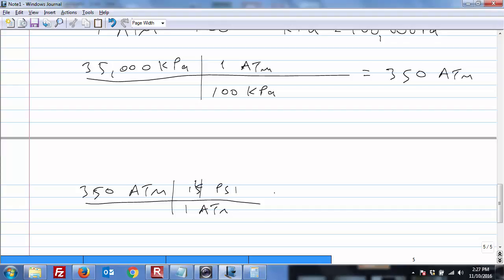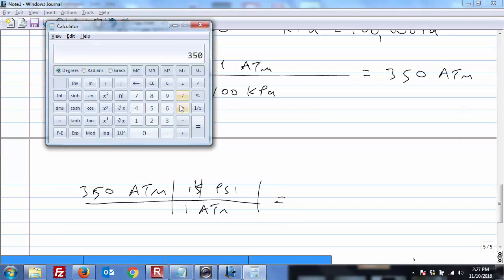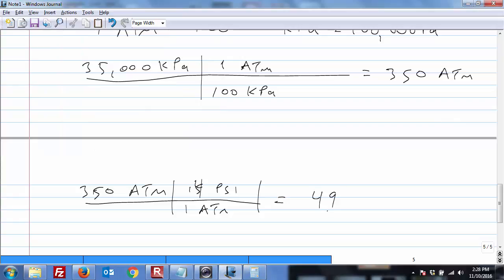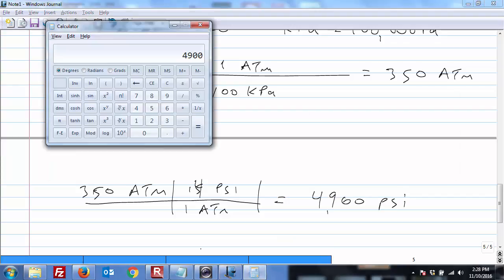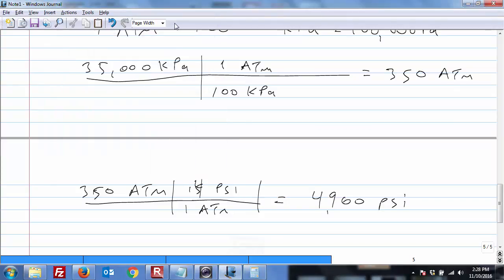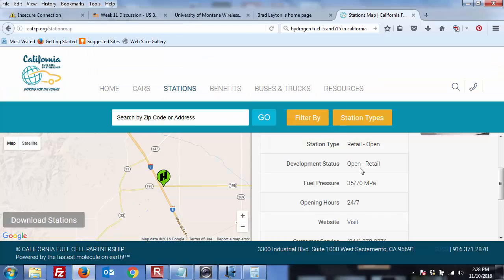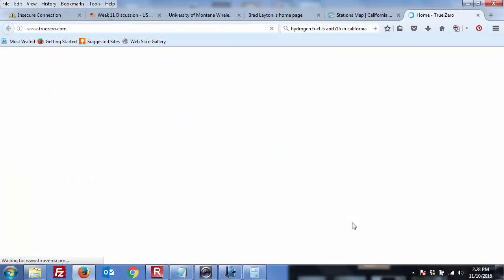Let's call it 14, so 350 times 14 equals 4,900 psi. And that's double what a typical tank is. So these are not your standard tanks. And you can also see that they'll also run at 70, which is twice that. So let's visit their website.